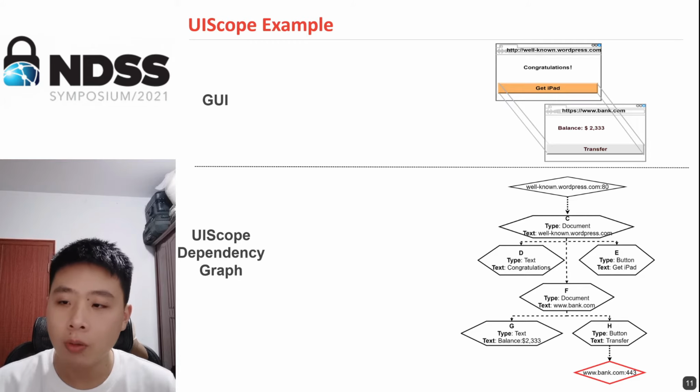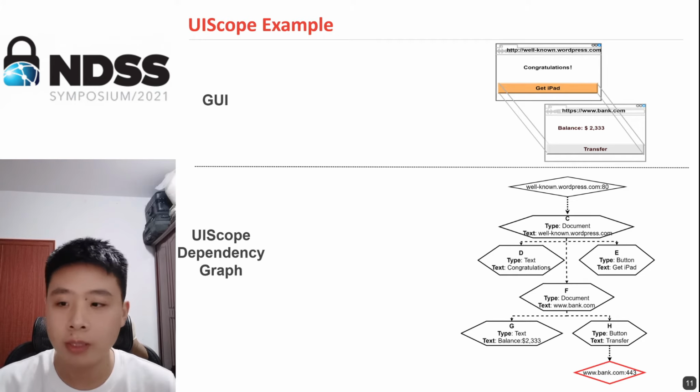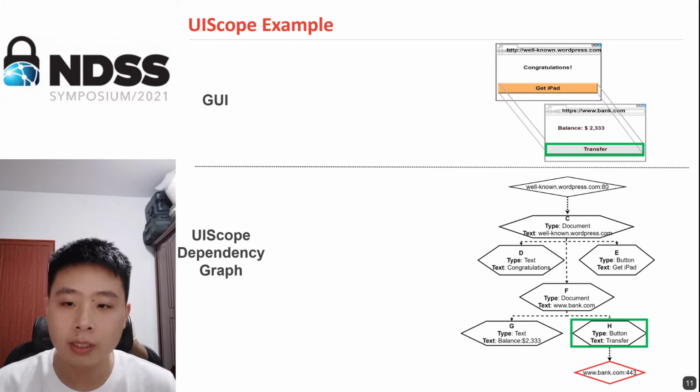Here is an example. The upper part is the GUI panel the user can see, and the lower part is the UIScope dependency graph. The hexagons in the graph represent UI elements. For example, the node here represents the transfer button. From the graph, we can see the abnormal transfer was caused by the transfer button.